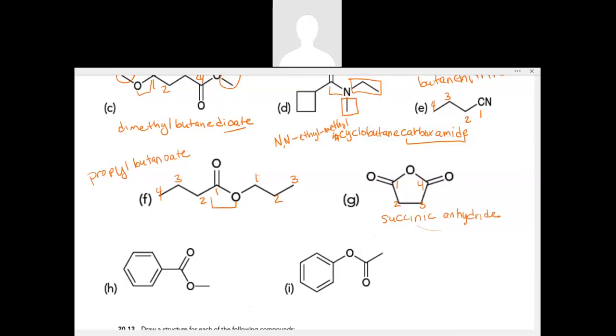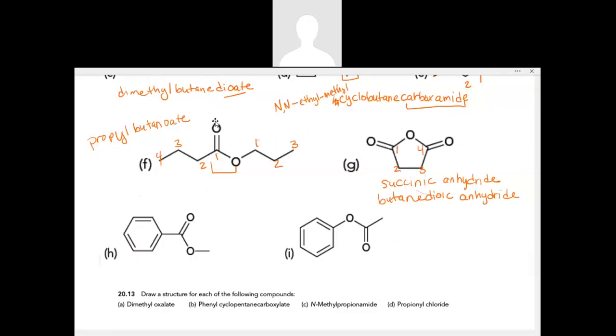Or since it's 4 carbons, we could call this a butanedioic, because there's 2 carboxylic acid functional groups, but then it's also an anhydride. So that would be butanedioic anhydride as the IUPAC name.